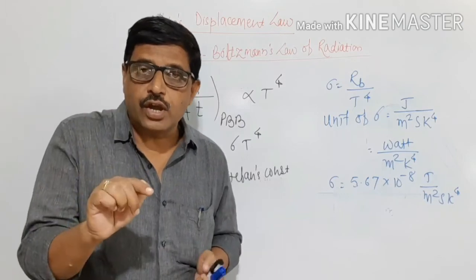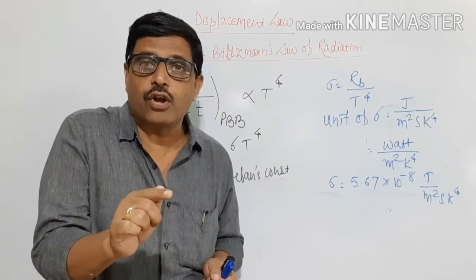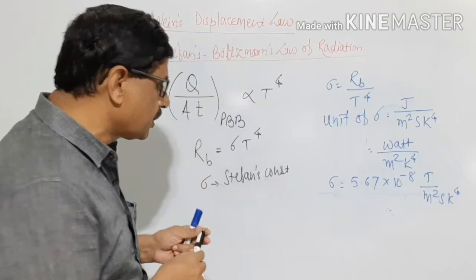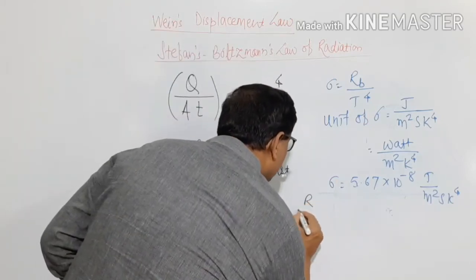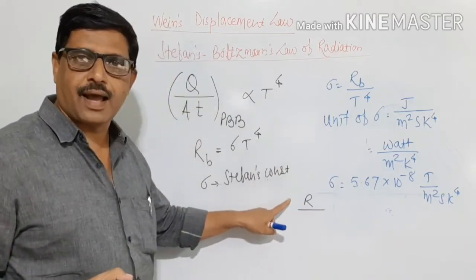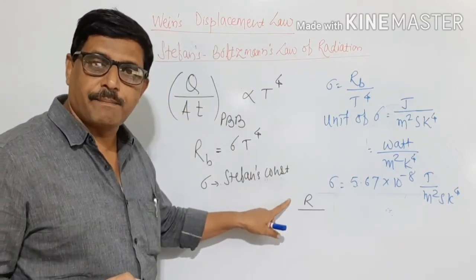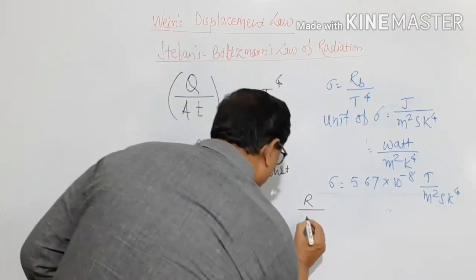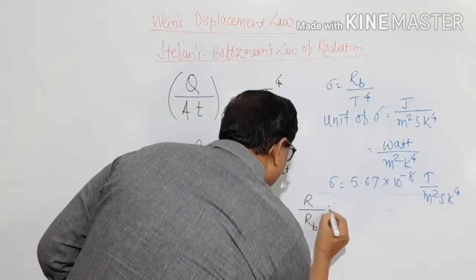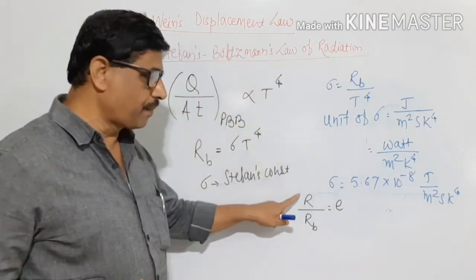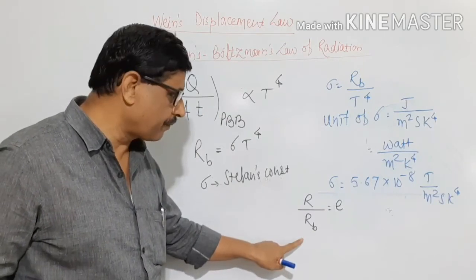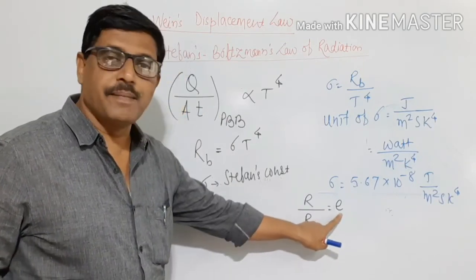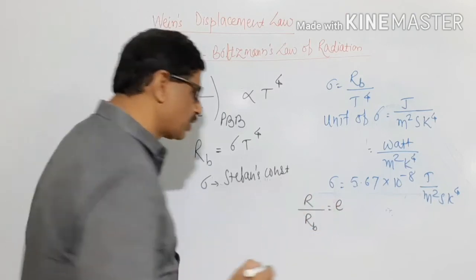This Stefan's law is applicable for an ordinary body because the reason is very simple. The emissive power of an ordinary body, capital R, can be compared with the emissive power of a perfectly black body by emissivity. The ratio of emissive power of a body to emissive power of a perfectly black body is the emissivity or the coefficient of emission.